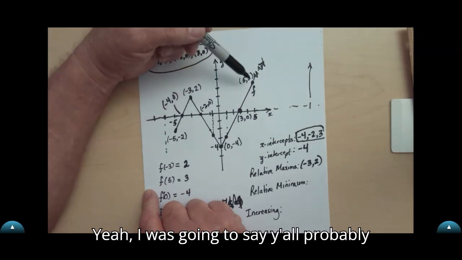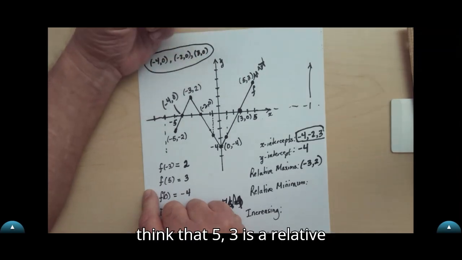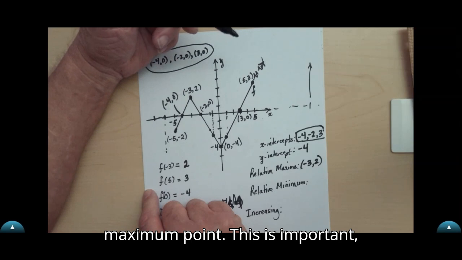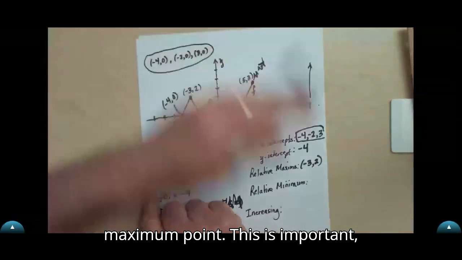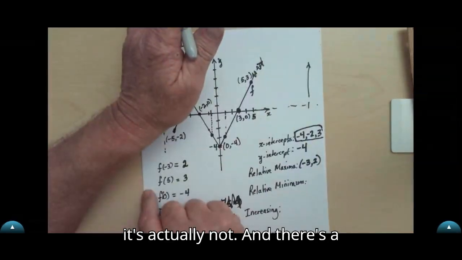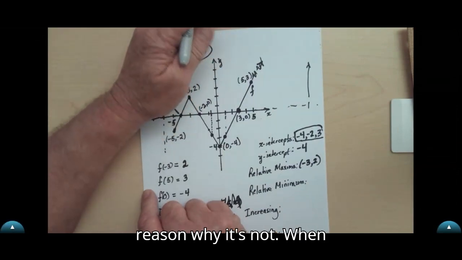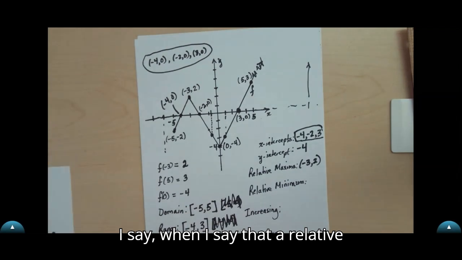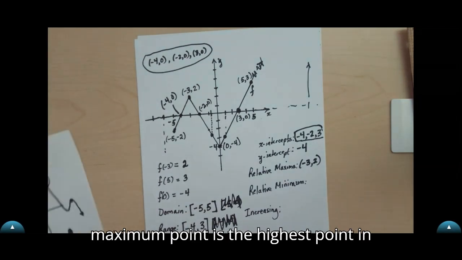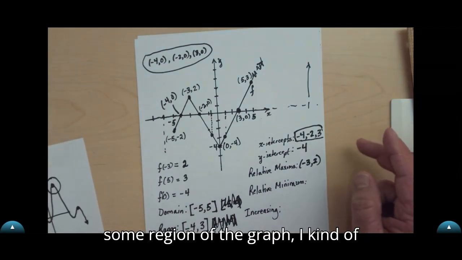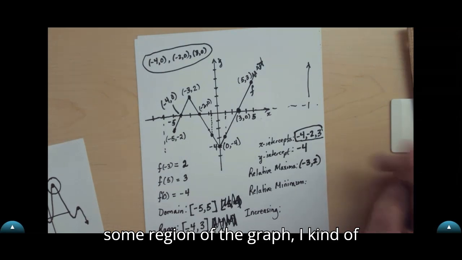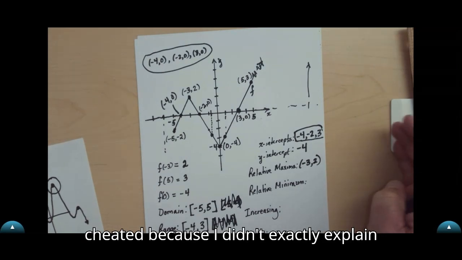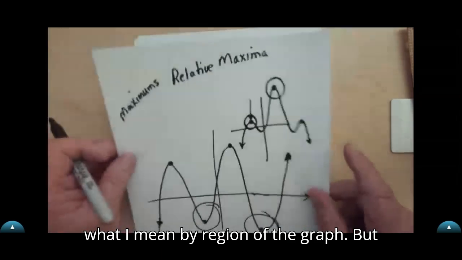Yeah, I was going to say, y'all probably think that (5, 3) is a relative maximum point. This is important. It's actually not. And there's a reason why it's not. When I say that a relative maximum point is the highest point in some region of the graph, I kind of cheated because I didn't exactly explain what I mean by region of the graph.